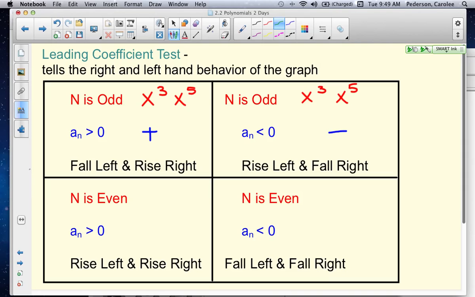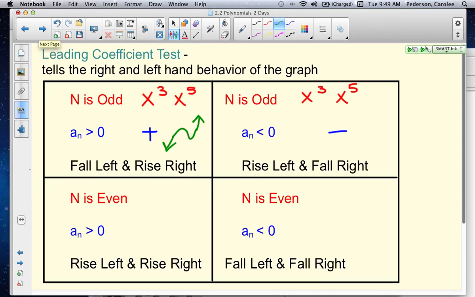So falling this way, rising this way, and then something kind of happens in between those two end behaviors. Maybe it goes up, and then it comes back down. Something's happening between those end behaviors. And we're going to find out what the stuff in between is later on in our lesson.